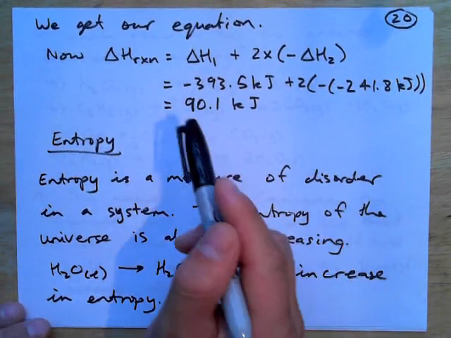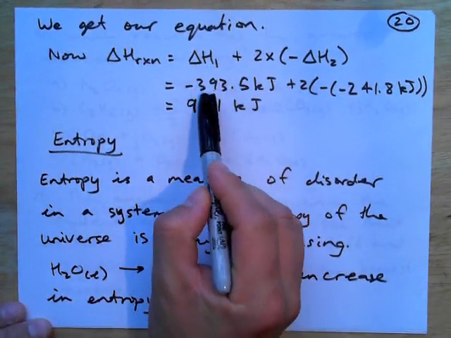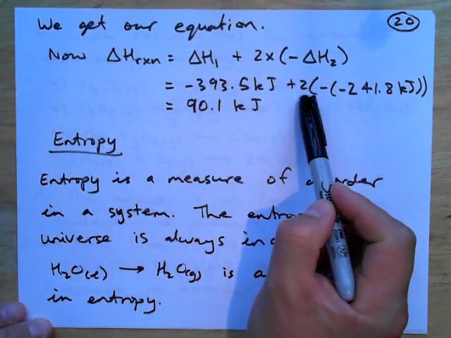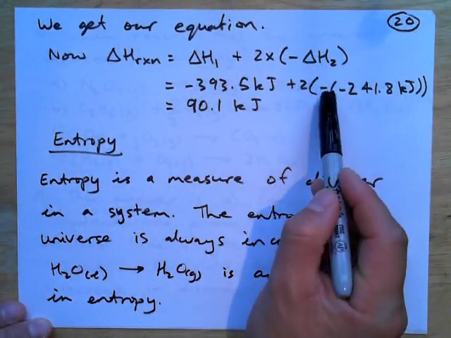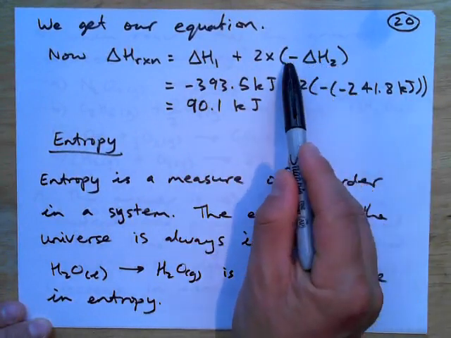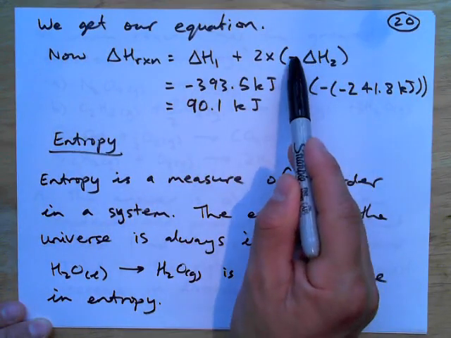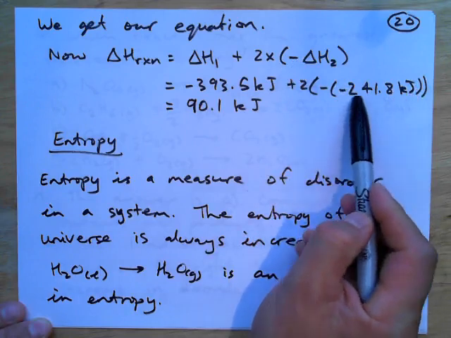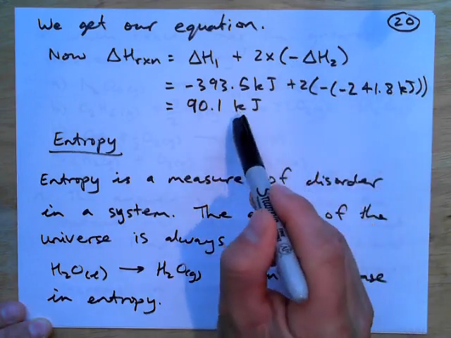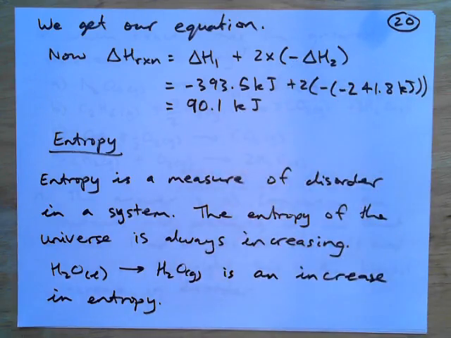So now we get our delta H of reaction. The delta H1 again stays the same, but I have to multiply delta H2 by 2. So it's 2 times minus, because I've got to change the sign. The minus is just telling me I had to reverse the reaction, and it already had a negative value anyway, so just put that in there, and then when you do all that you get 90.1 kilojoules.